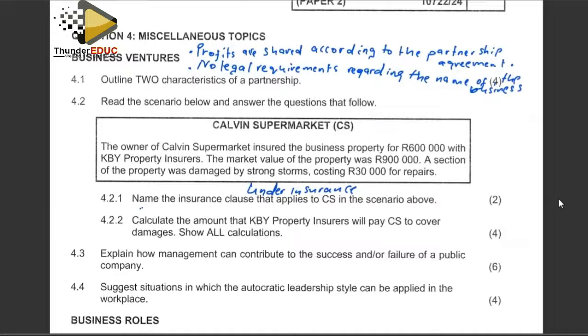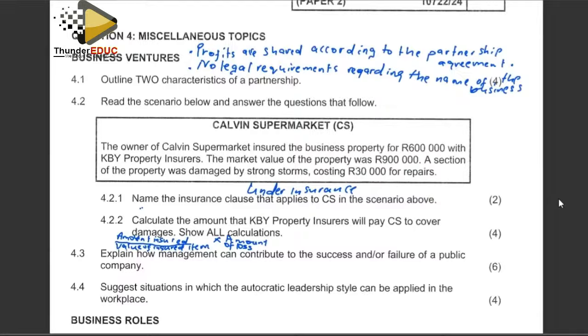We are saying that amount insured divided by value of insured item, then everything multiplied by amount of loss.